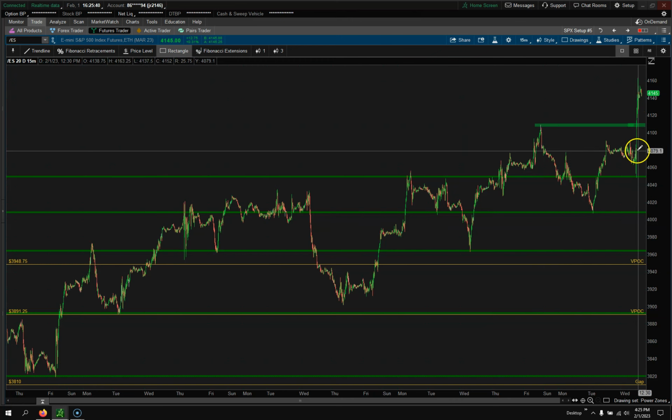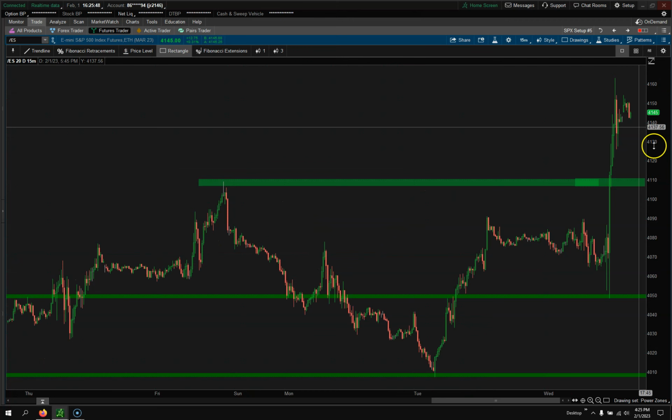So prior support blew through, came up, overshot. Now we're looking for the first retest on this level, right? So what I would do is I'd say, hey, I want to be a buyer. So if price comes down, I would look to start to buy right around this level, kind of adding down here if I had to.